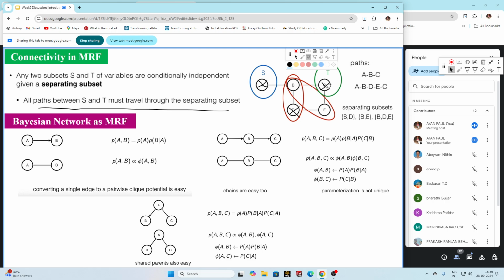This is a neighbor of B, this is a neighbor of B, and this is a neighbor of B. If all the neighbors are blocked, according to our Markov property B and E will be independent, because if you travel via this path it is blocked, and via this path it is blocked, so you cannot travel from B to E. So B and E are independent if all the neighboring nodes are given. This is the Markov property.